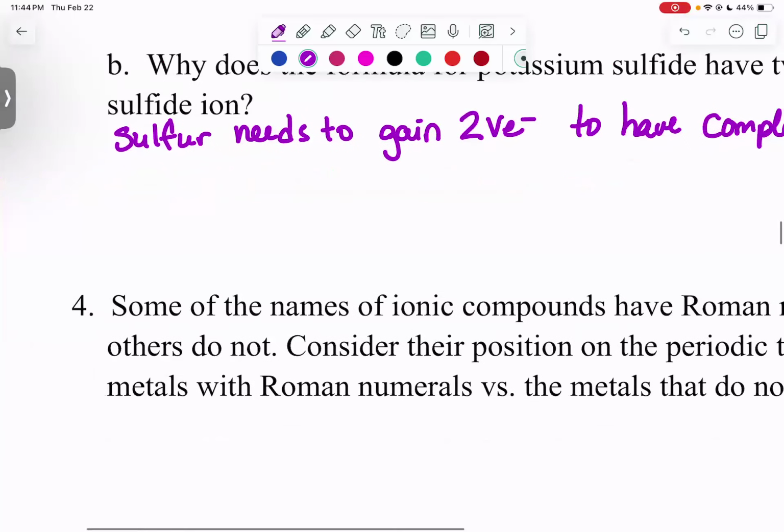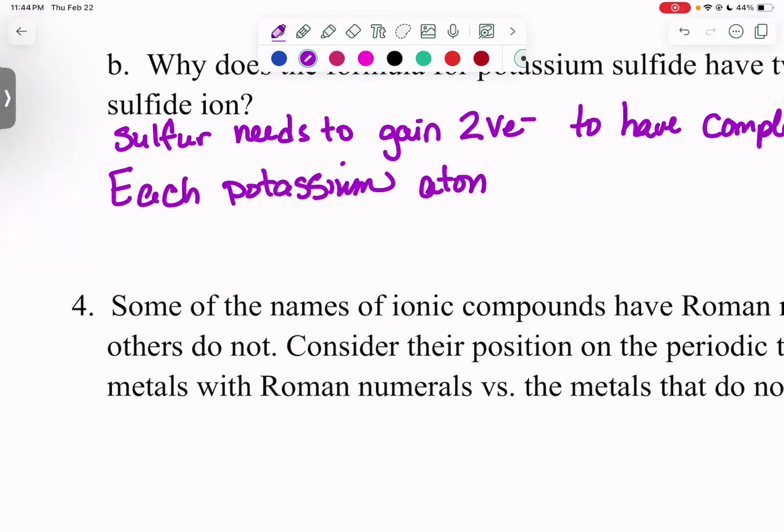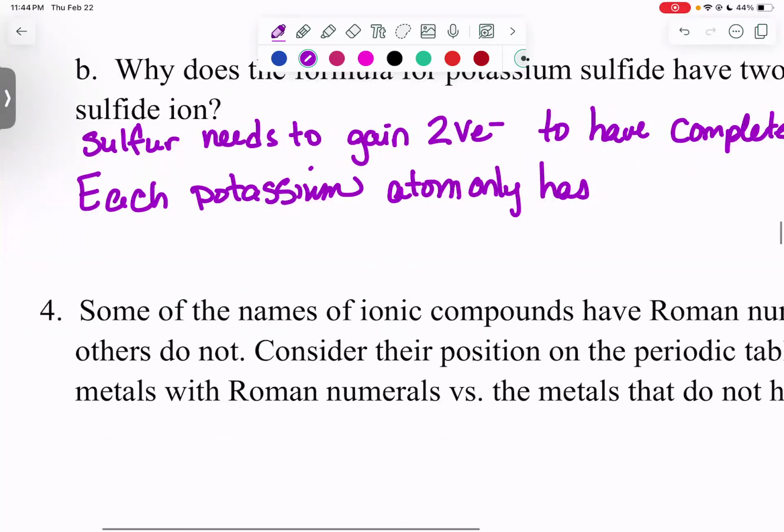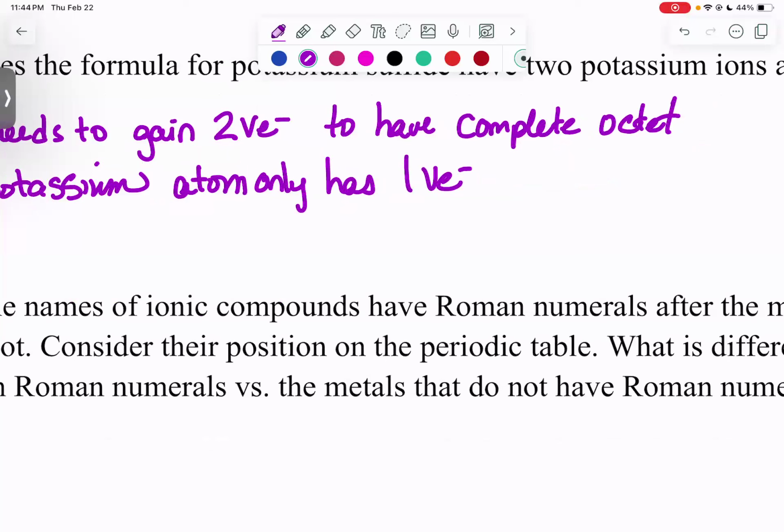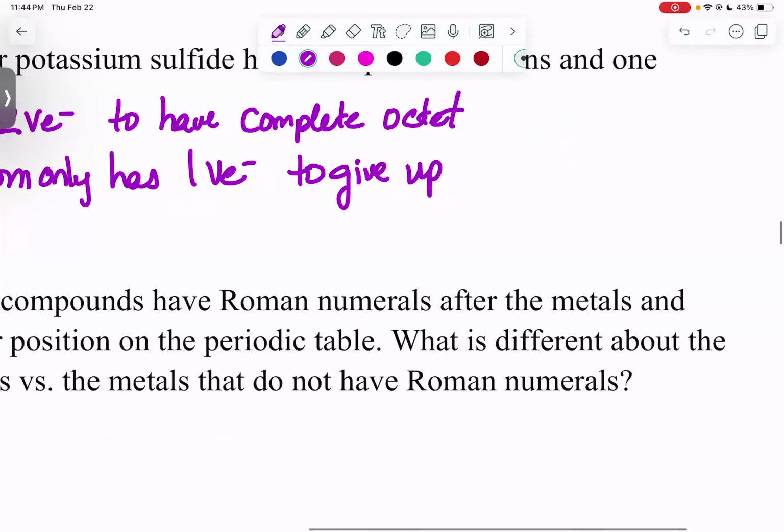So each potassium atom only has 1 valence electron to give up to complete its octet.